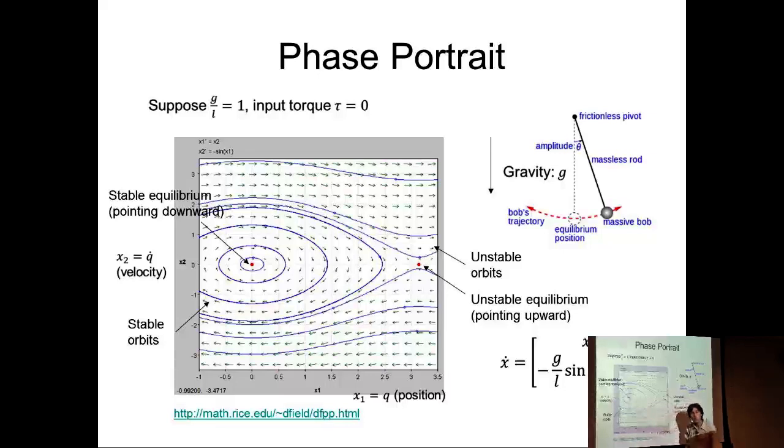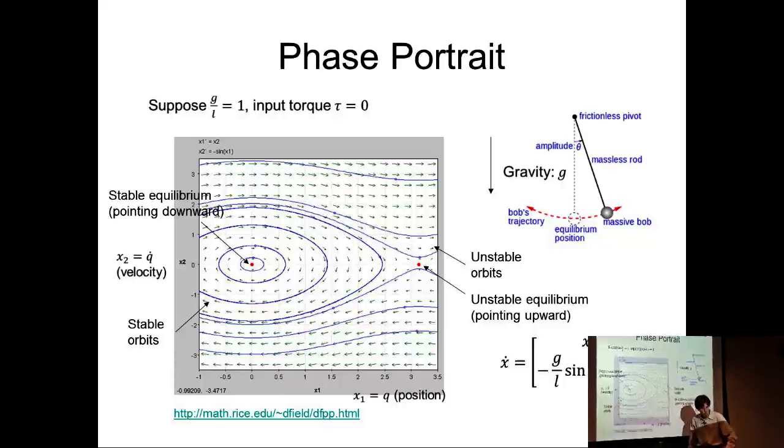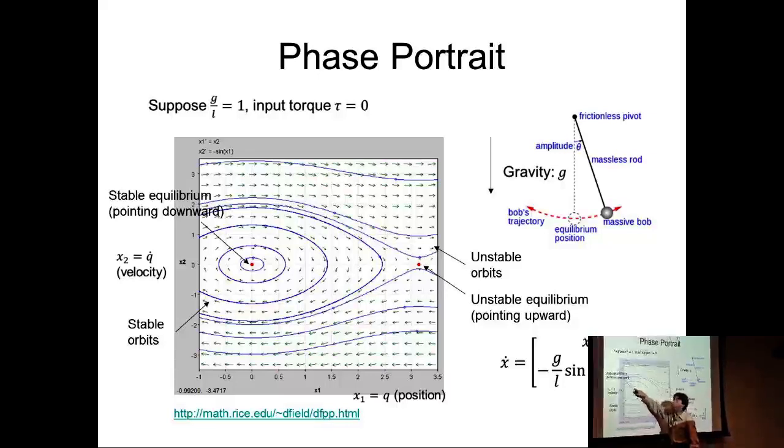If we were to perturb the pendulum just a little bit, hold it off to the side, so in other words, we're giving it a positive theta and still an initial velocity of 0, then we let go. The pendulum is going to swing back and forth. In other words, it's going to orbit around this equilibrium.